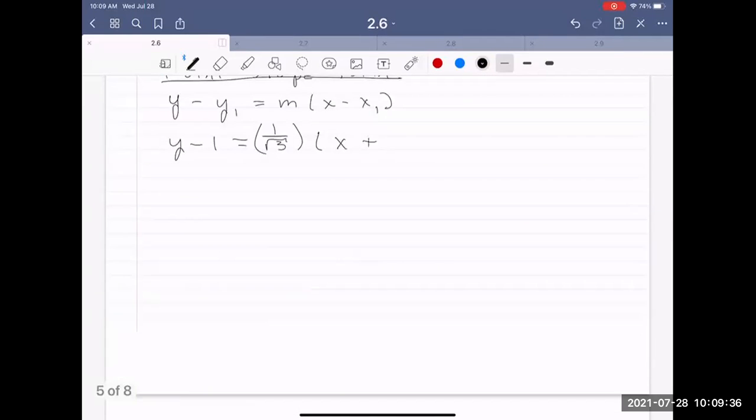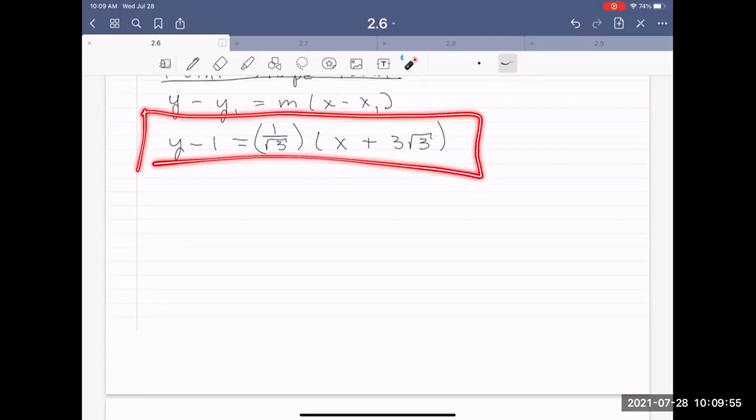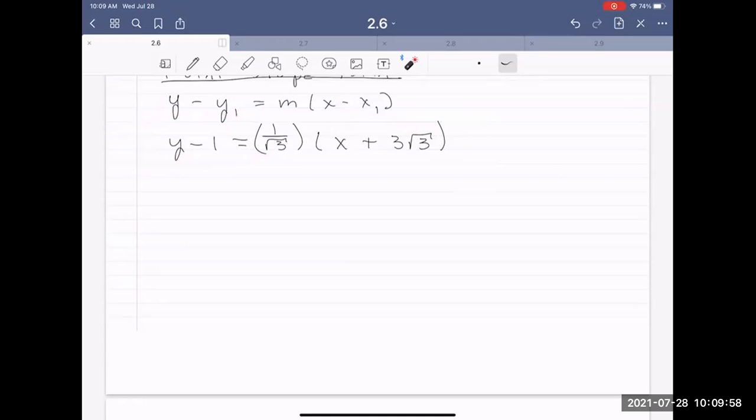So this minus becomes a plus 3√3. If you wanted to multiply inside the parentheses, it simplifies because the √3's cancel. But I'm not going to simplify any further, because it's already in one of the forms for the equation of a line. And so this is the equation of my tangent line. Any questions about that?